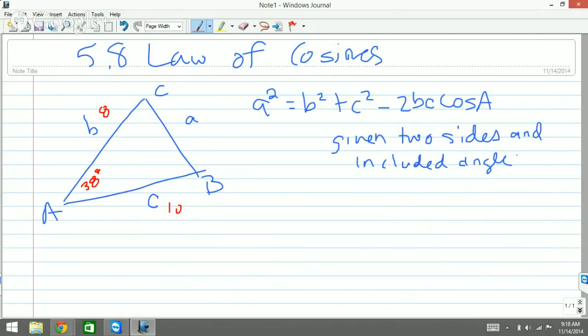Now, you could work it using this formula. So A squared is B squared, so 8 squared plus 10 squared minus 2 times 8 times 10 cosine 38.